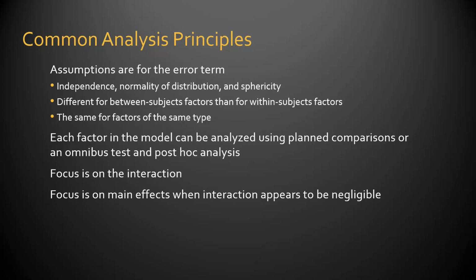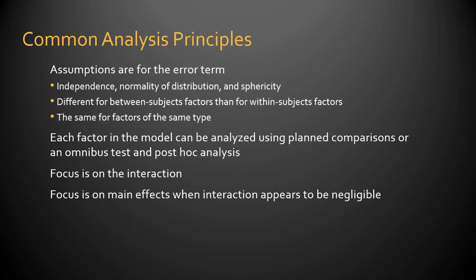Now, what we did not have in that one-factor design was the potential for an interaction because there was only one factor. And to have interaction, you have to have two or more factors. When we have two or more factors and we put interaction in our model, we don't need to put interaction in our model if we have some theoretical basis or past research that suggests there's no interaction.